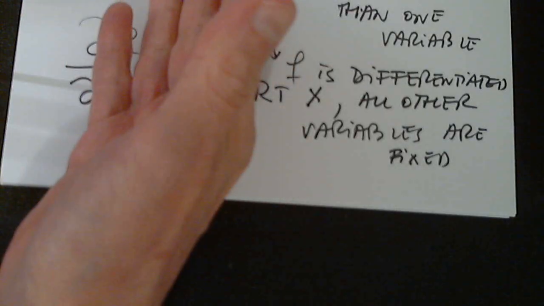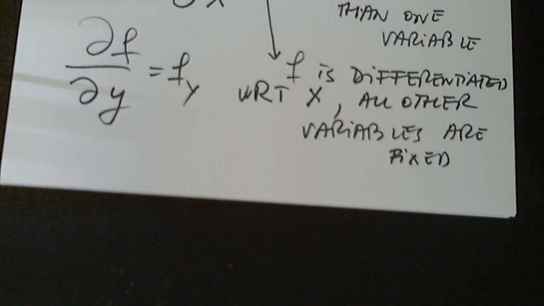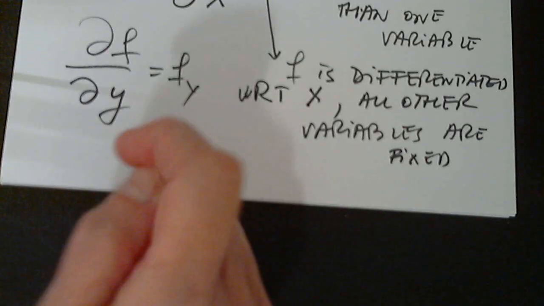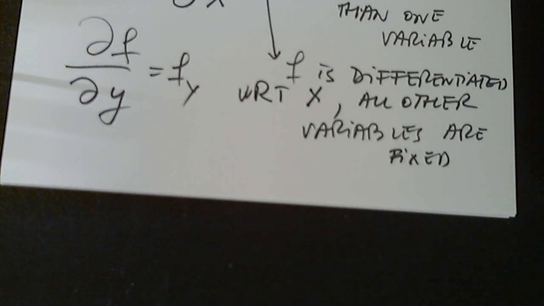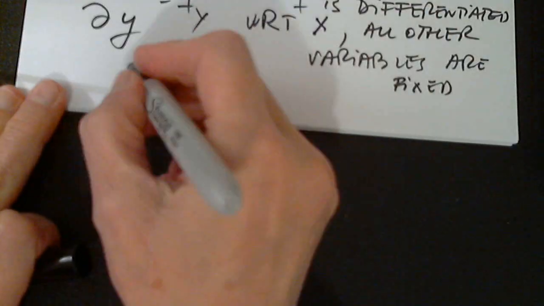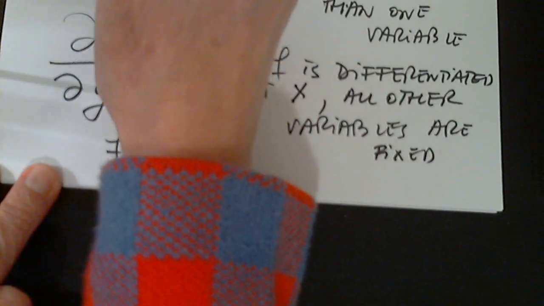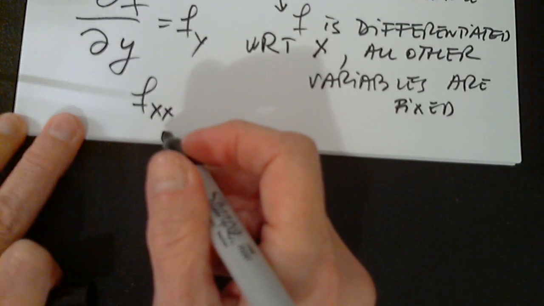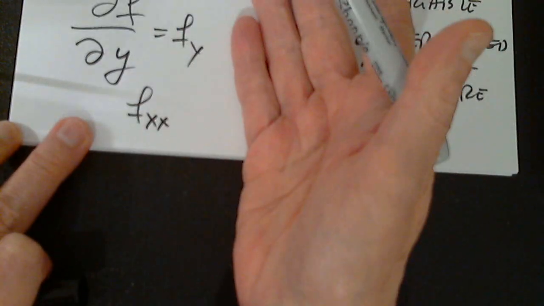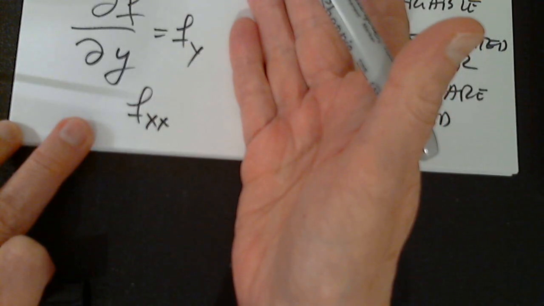It means differentiate function f with respect to x only. What does fy mean? Differentiate f with respect to y only. What about fxx? I differentiate f with respect to x, and then again, this is the second derivative, the second partial derivative.